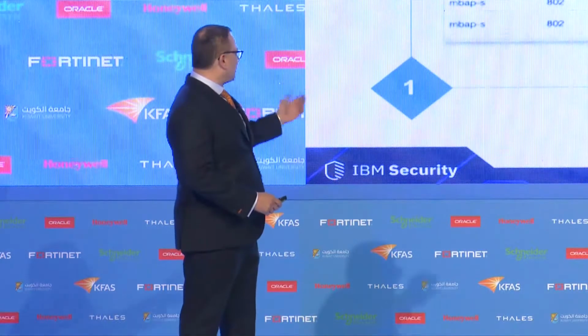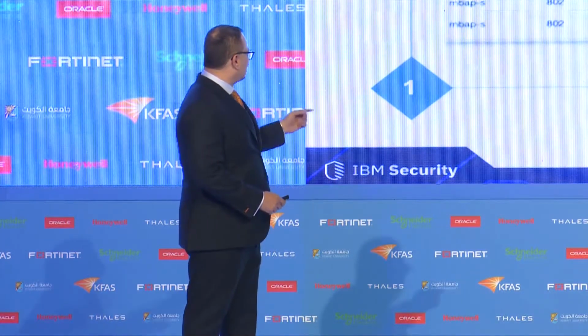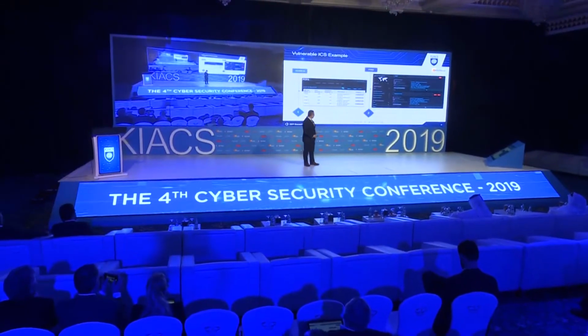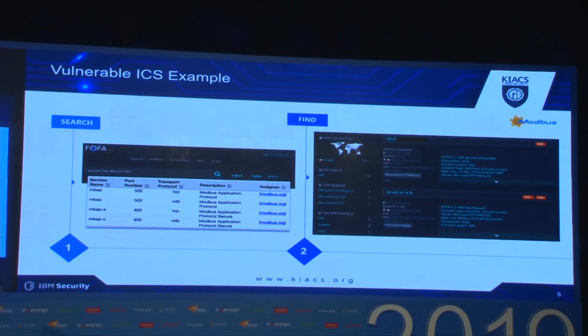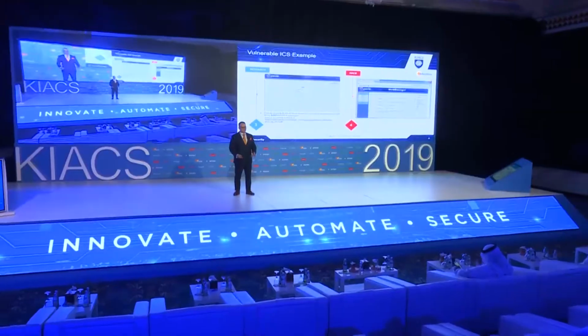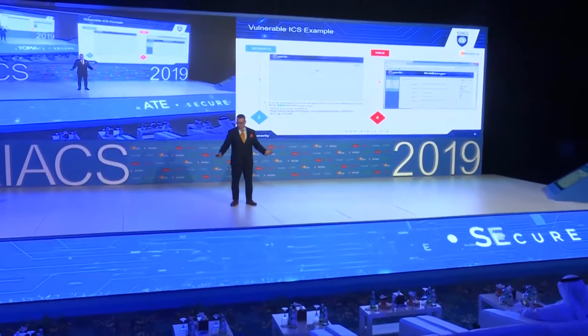And as you can see, we found a number of targets in Kuwait. There you see FOFA, the Kuwaiti flag, and a number of the targets that we found. Just to let you know, there's a saying: in God we trust, and everything else we Google.